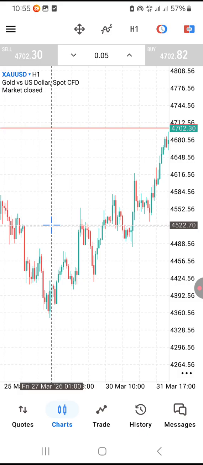Now, there's another one called ranging. Ranging is basically when the market keeps moving within a particular box and doesn't go beyond it.